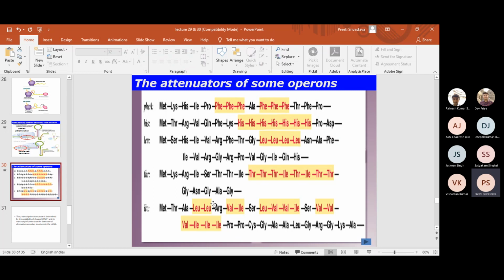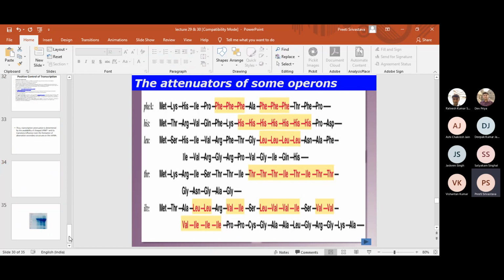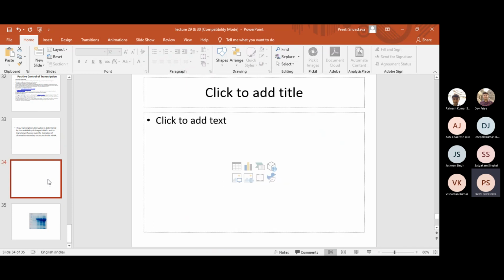Threonine, again you have multiple copies. So the cell has devised this attenuator mechanism for regulating the biosynthesis of the amino acids, because by the presence of these codons you can have a control on the charged tRNA, right? So similar regulation exists for all other operons.